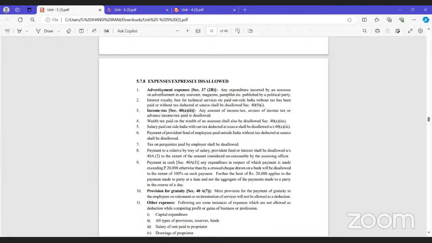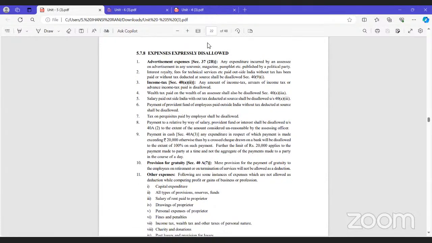First one is advertisement expenses. Advertisement expenses are business expenditures only. But when the advertisement is published in any political magazine, political pamphlets, political books or souvenirs, it becomes inadmissible expenses.